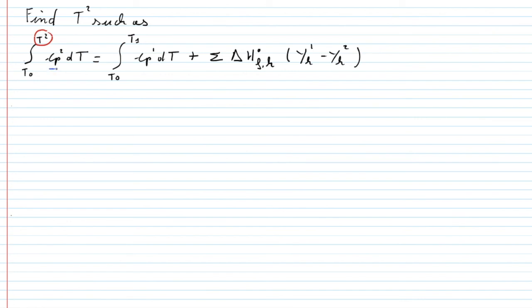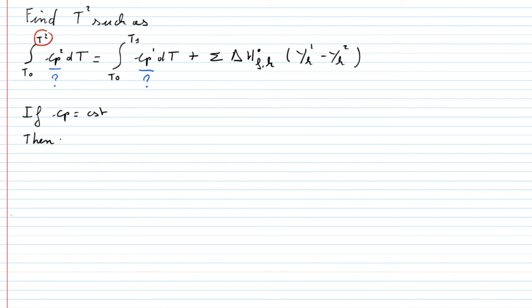Now we need a model to compute the integral of the heat capacity over the temperature. If you assume that the heat capacity is constant, then the integral of the heat capacity over the temperature is trivial.